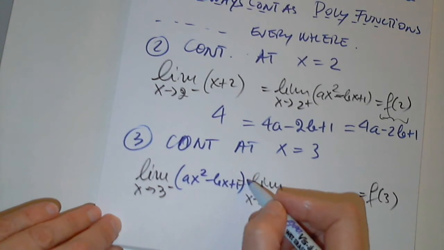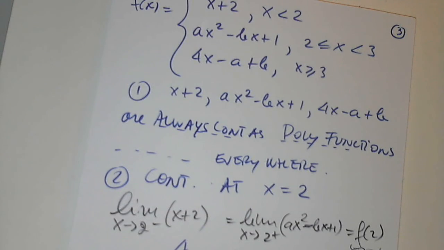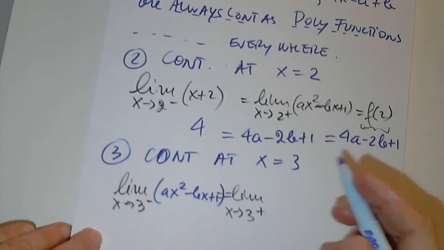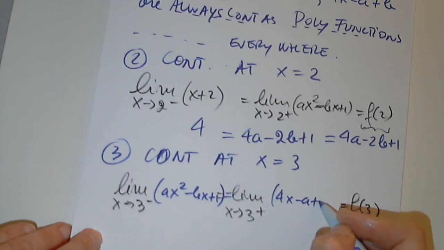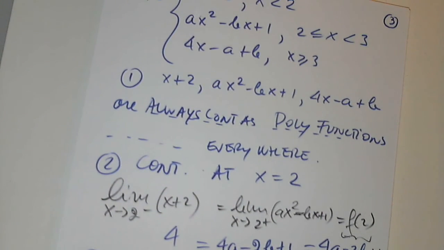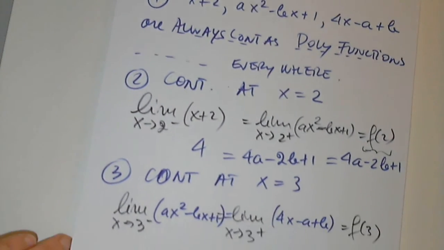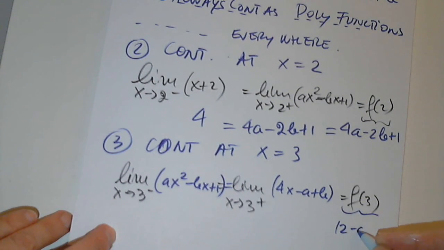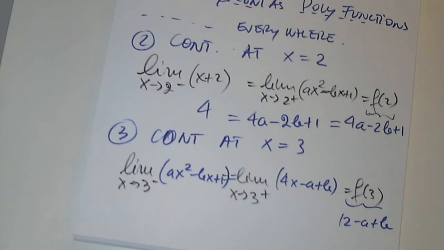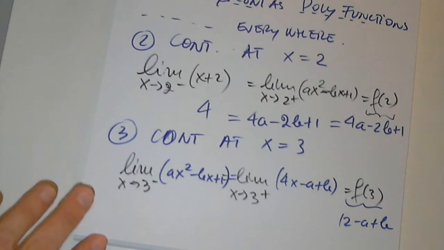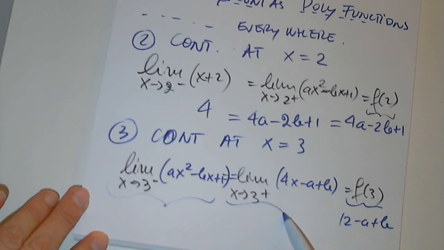Very good. And now from the right? 4x. Correct, very good, thank you. And now f of 3, please. It's 4 times 3, 12, minus a plus b. Awesome. Good. Now I need this limit and I need this limit.